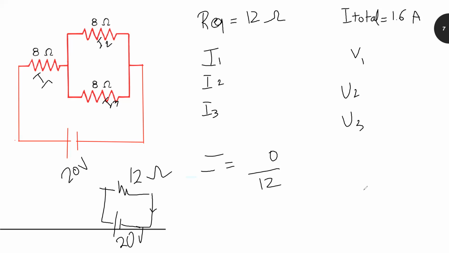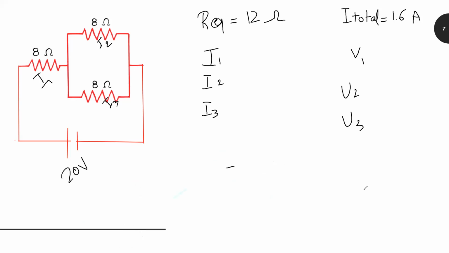We found that the I total is 1.6. The current that comes from this circuit will pass through the first resistance. But since it is connected in series, the I1 will be the same. It will not be cut or distributed. So I1 will be 1.6 ampere.